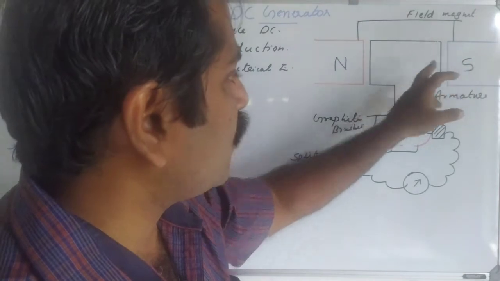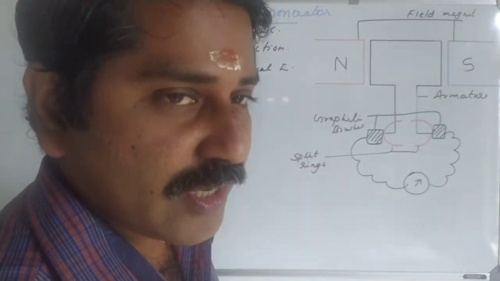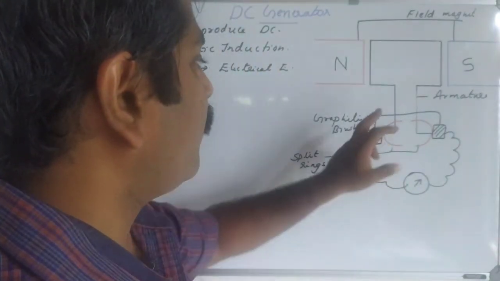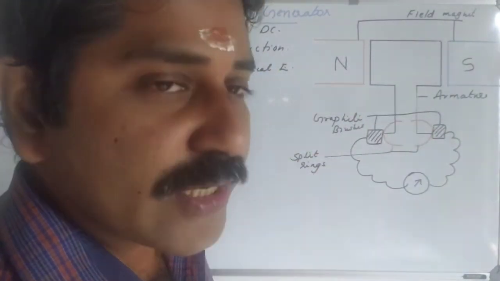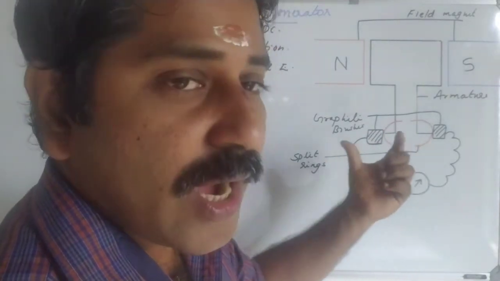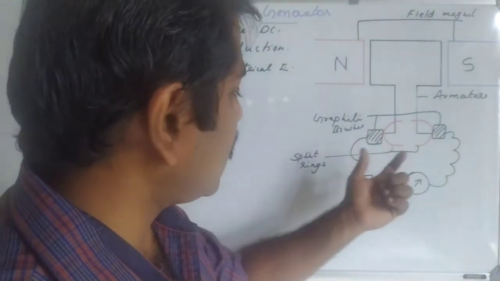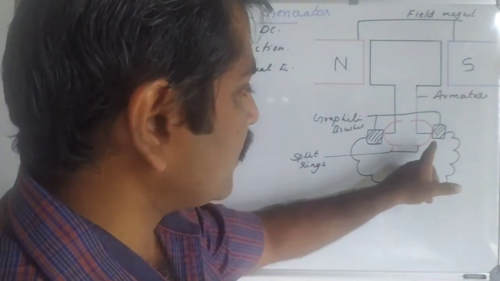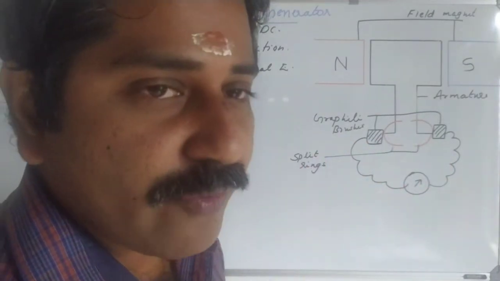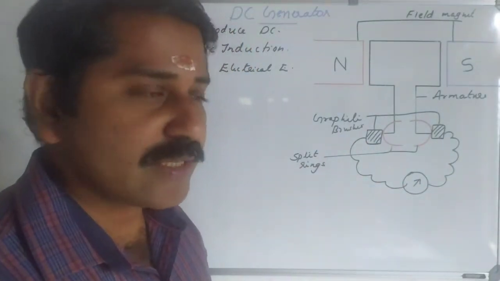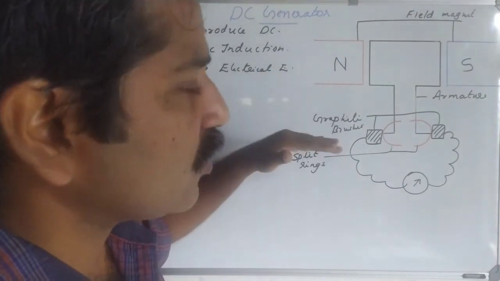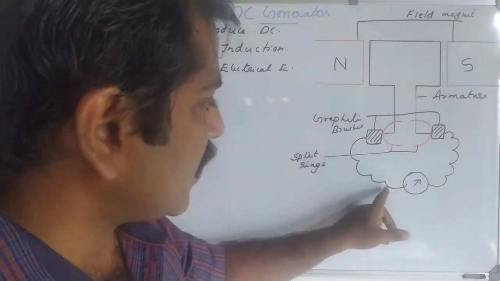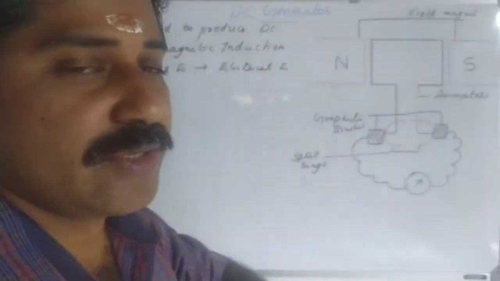In between the two poles, we find the armature, a soft iron core wound with insulated copper wire. Then either end of the insulated copper wire is connected to two half metallic rings, called split rings, and these split rings are in contact with the two graphite brushes. Those are the four different parts of a DC generator. From the graphite brush, the conductor reaches the galvanometer, which is represented here.